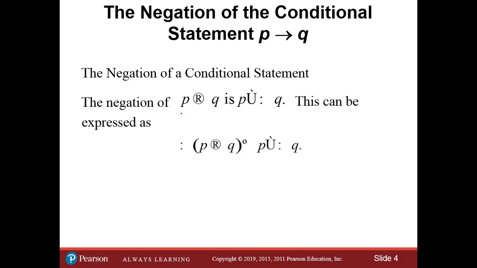So if we have P and Q, the negation of P and Q is going to be not P or not Q.